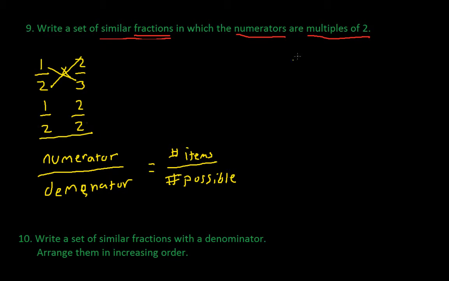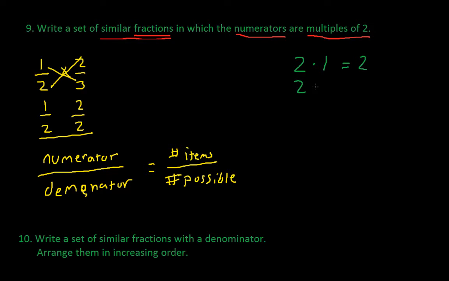So let's talk about multiples of 2. So I think you're familiar with multiplication, and you know the number 2. So a multiple of 2 is just any number multiplied times 2. So 2 times 1 is equal to 2, and 2 is a multiple of 2.